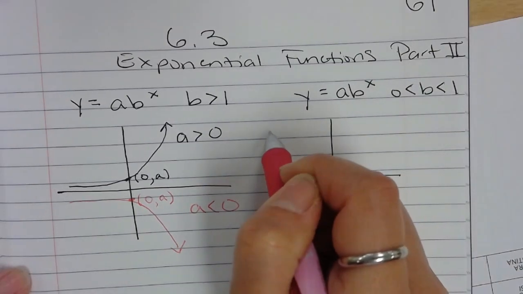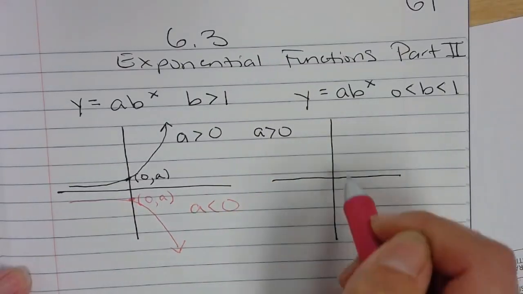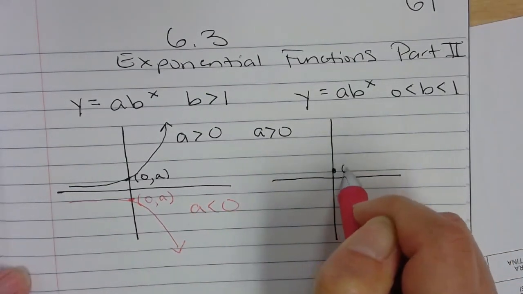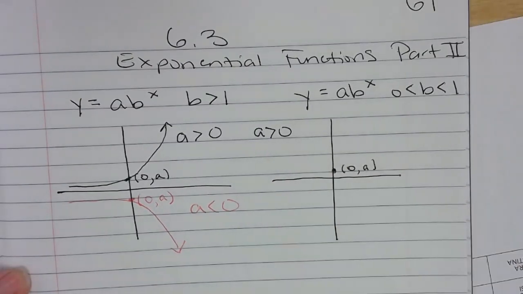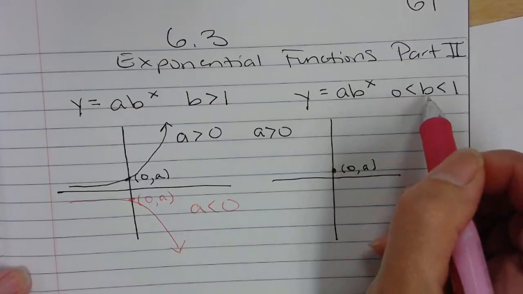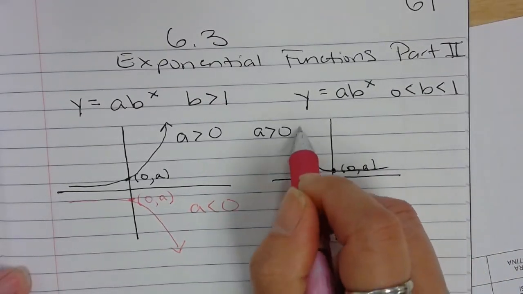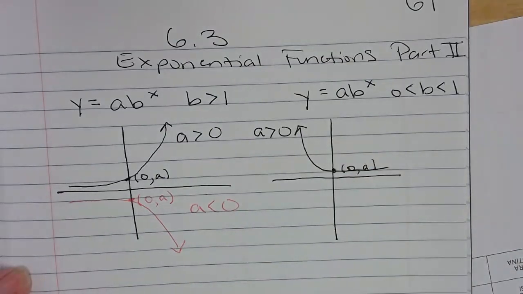First scenario is when A is greater than 0. Your intercept is still going to be 0, A. But instead of increasing to the right, if B is a fraction, it's going to increase to the left.